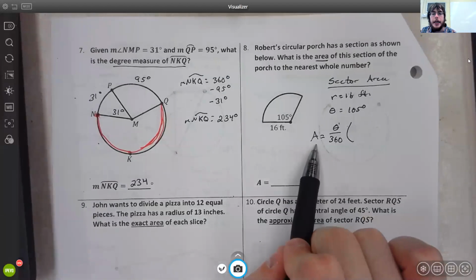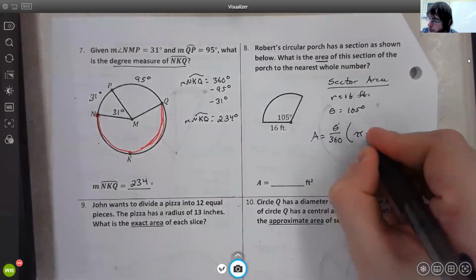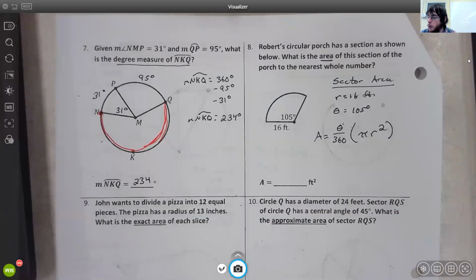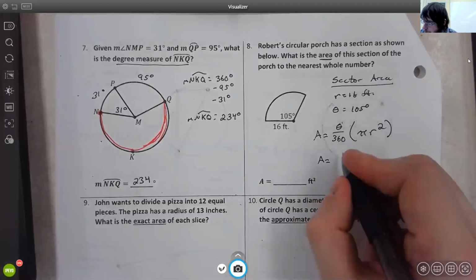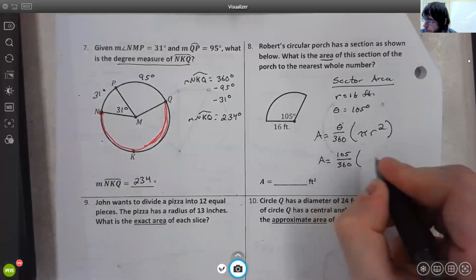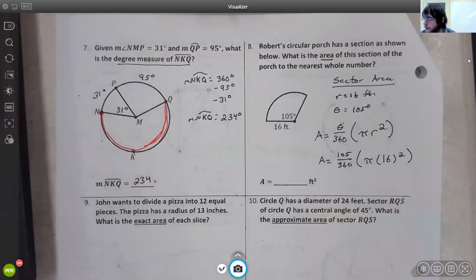Then, the area of a circle is given to us as pi r squared. So we're going to multiply theta over 360 by pi r squared. So plugging our pieces in here, we get 105 over 360 times pi times 16 squared. And it wants us to approximate this to the nearest whole number.